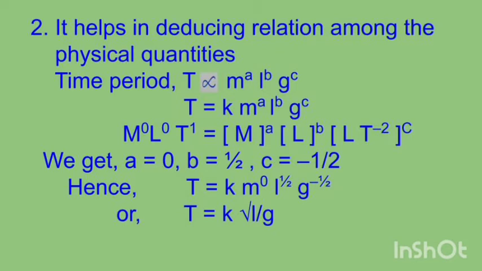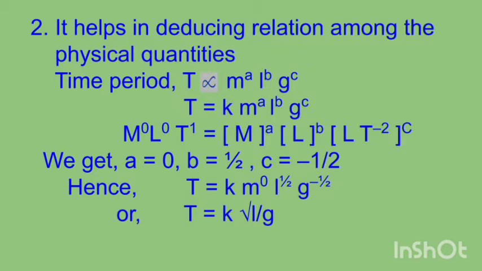Suppose time period t is proportional to m to the power a, L to the power b, and g to the power c. Or t is equal to k times m to the power a, L to the power b, g to the power c, where k is the constant of proportionality.